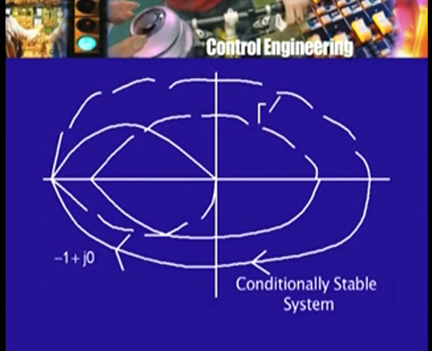That is, for values of k lying between 0 and some number, the system was going to be stable, but for values of k greater than that number, the system was going to be unstable. Therefore, the system was going to be what is called a conditionally stable system. This was the conclusion that we had drawn using the root locus method, and we can draw the same conclusion using the Nyquist criterion or the Nyquist method.